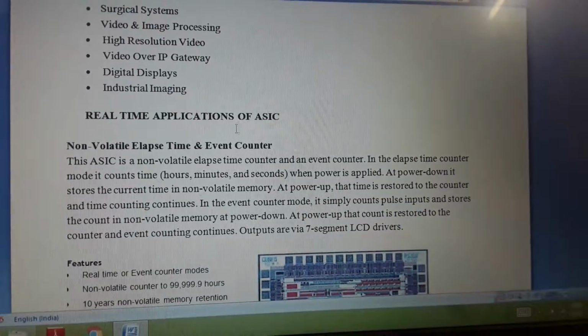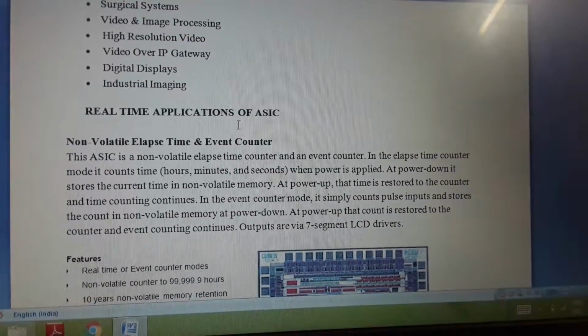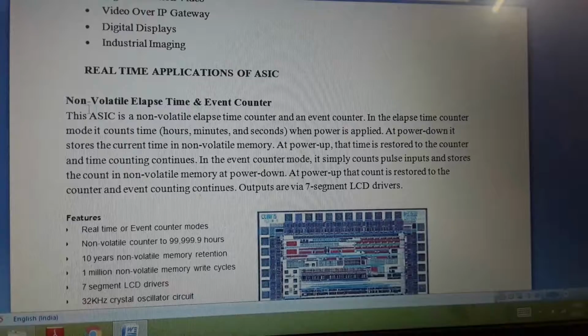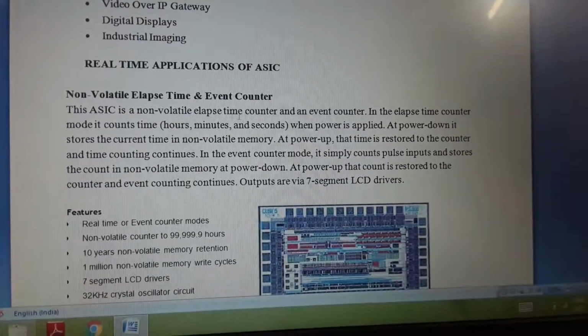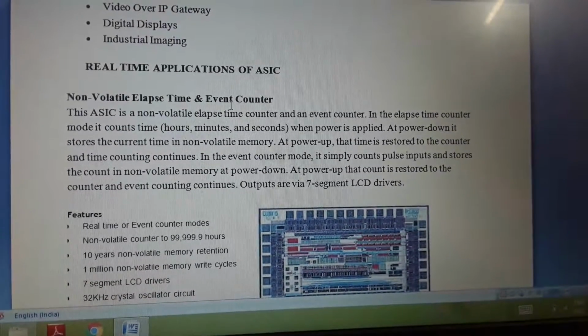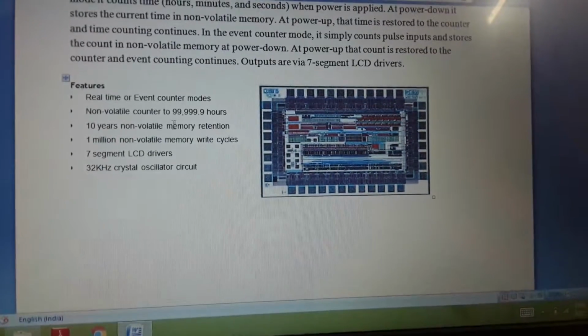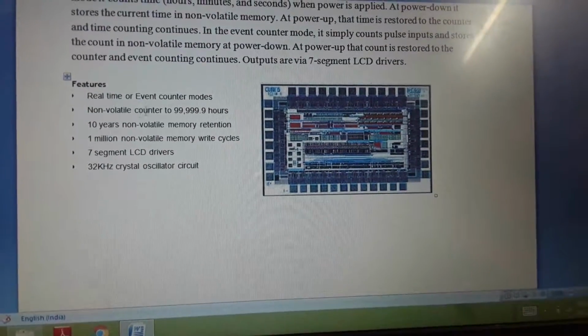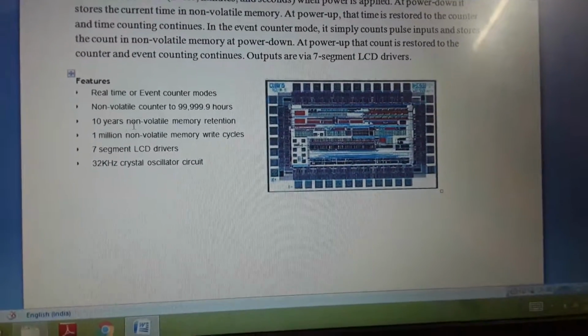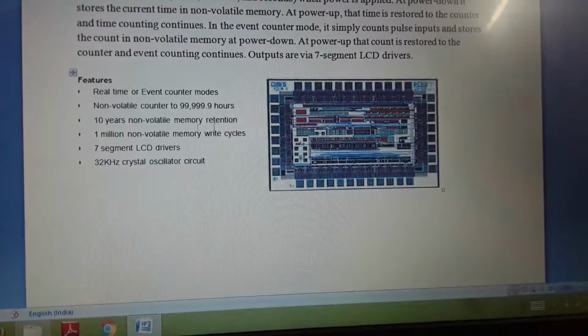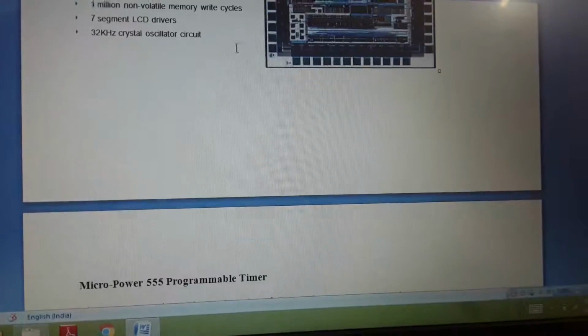Coming to the real-time applications of ASIC, there are some counters which can be done, like non-volatile, elapsed time, and event counter. Its features are real-time or event counter modes, non-volatile counter, 10 years non-volatile memory retention, etc. This is the diagram for that.